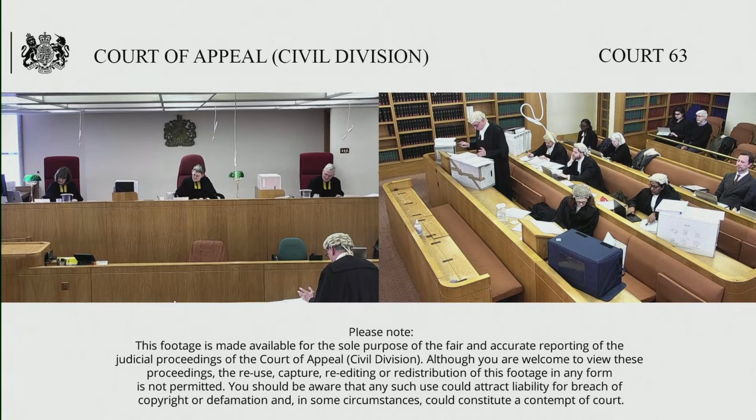You've already been through these paragraphs, but what the court says is, well, the Danish government is right that there isn't a difference in treatment of the sort that was identified in Phillips. However, there is another difference in treatment, and that's paragraphs 28 and 29.